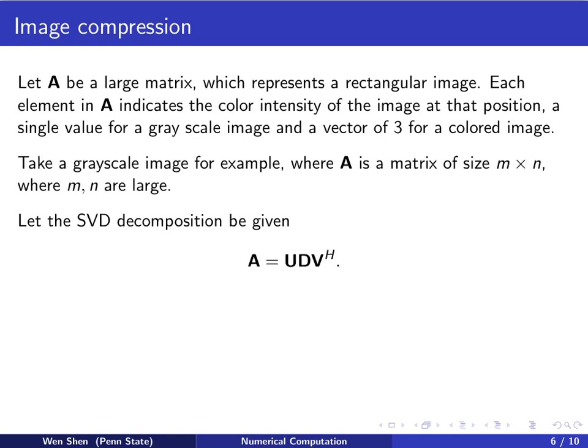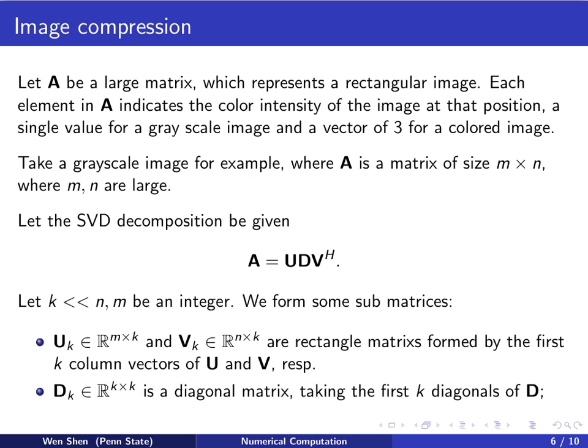We take the example of a grayscale image. Then A is a matrix of size m times n, possibly m and n both very large. Assume that the SVD decomposition is given for A. So A equals U times D times V^H. We now pick a parameter, we call it K, which is an integer, and typically it should be much smaller than both m and n. And then we form some submatrices.